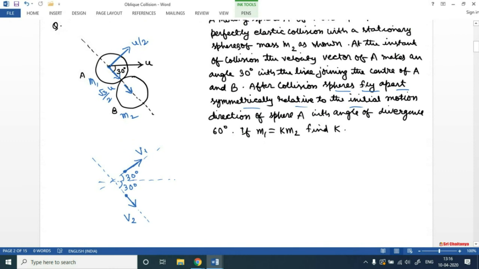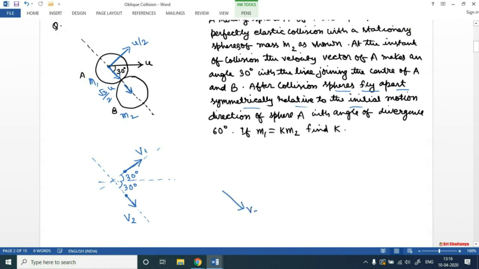Although this diagram is not very good, since this angle does not seem to be 90 degrees, let me draw another diagram.